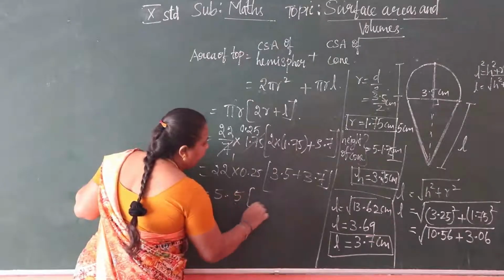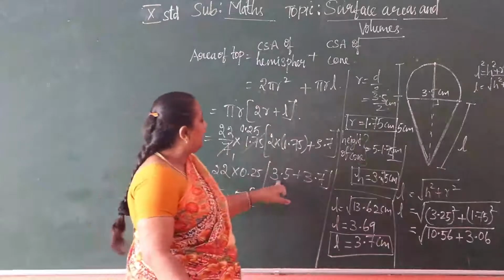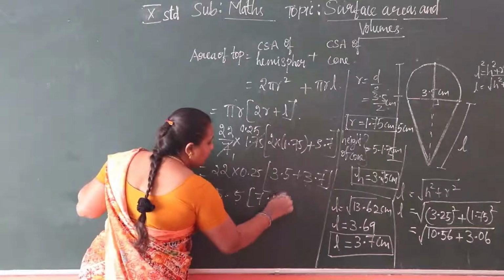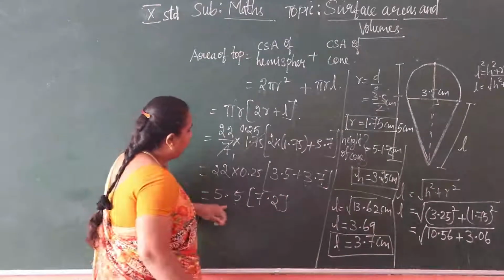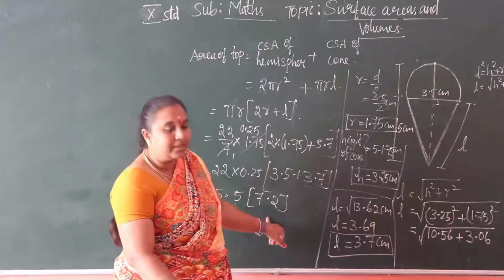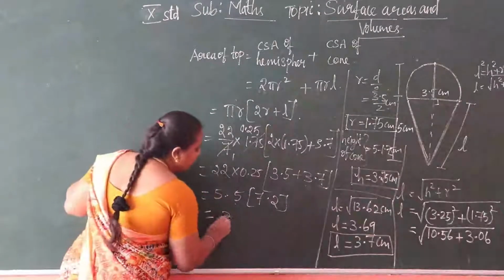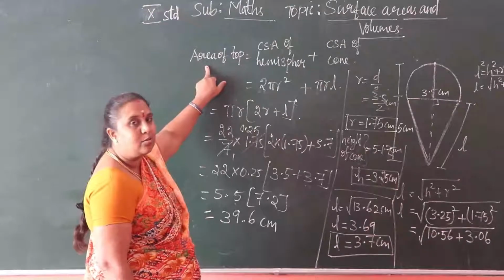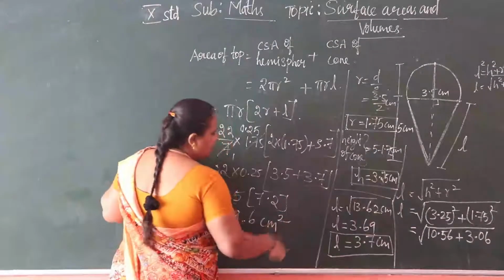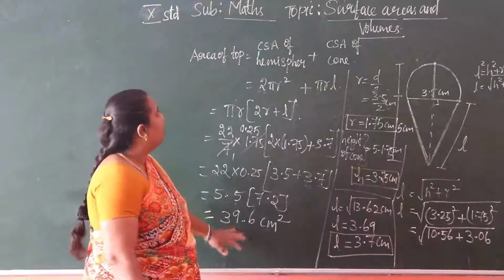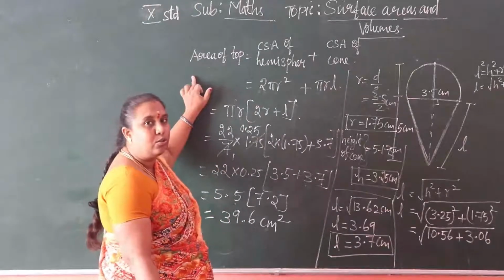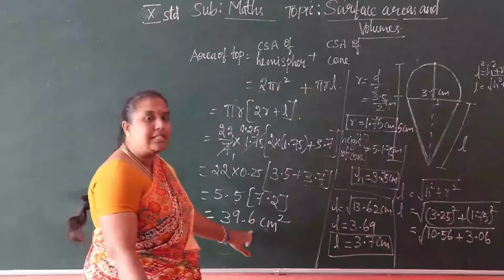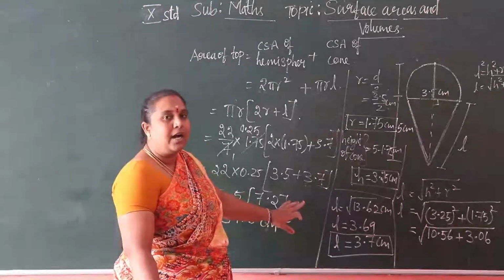So 5.5 into 3.5 plus 3.7, that is 7.2. Now 5.5 into 7.2 equals 39.6. Here you have to find area, so the unit is centimeter square. Therefore the area of the top that Rashid has to color is 39.6 centimeter square. Understood, children?